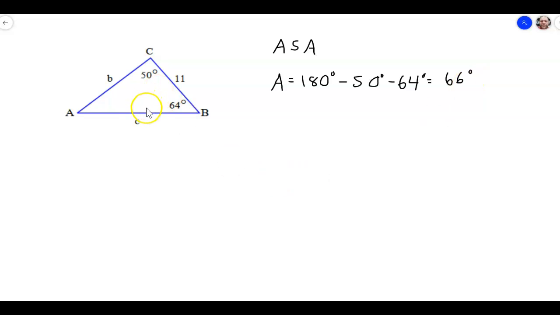Then I'm going to want to find B and C. I can do either one of those first. Now here's one little rule of thumb. If A turned out to be an approximation for some reason, I don't really want to use approximations if I didn't have to.